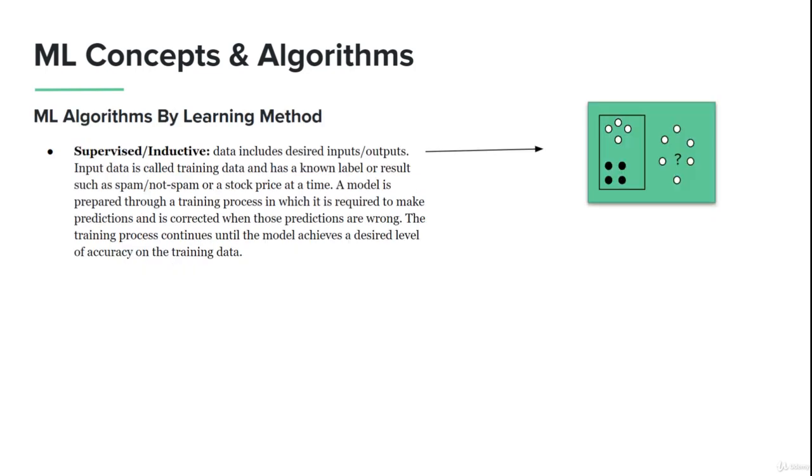Then, machine learning algorithms by learning method. First we have the supervised and inductive machine learning method. This is data that includes desired inputs and outputs. Input data is called training data and has a known label or result, such as spam or not spam, or a stock price at a time.